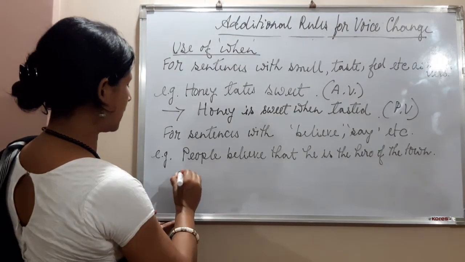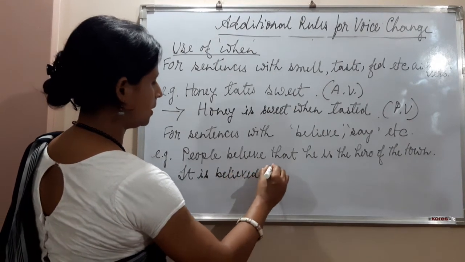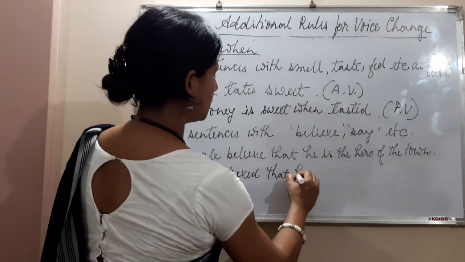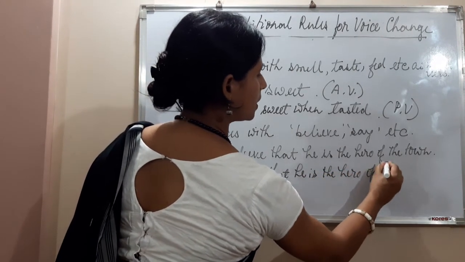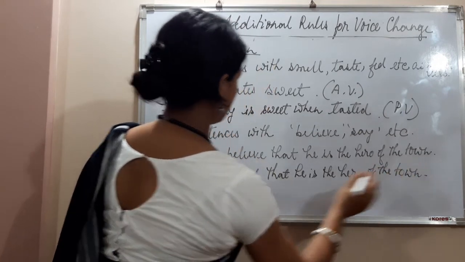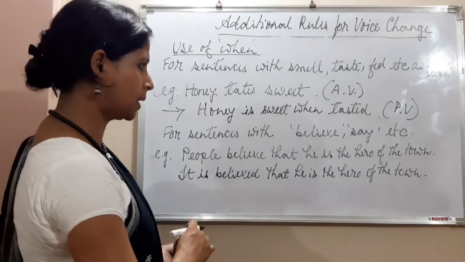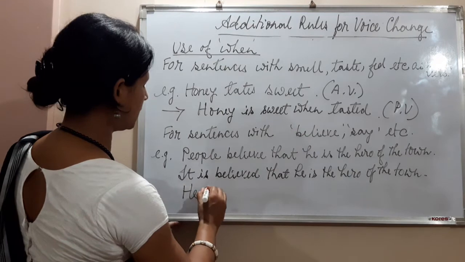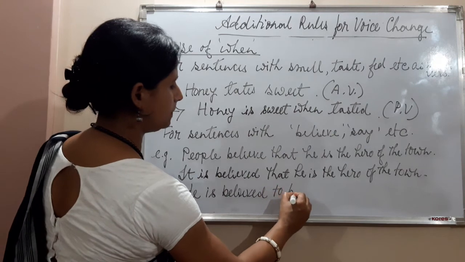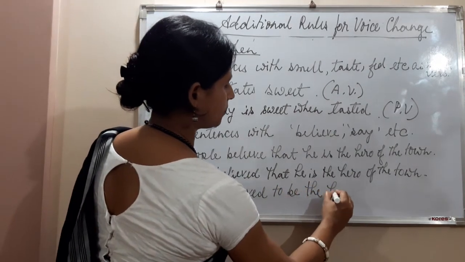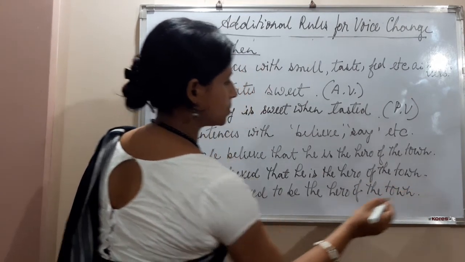And we can write like, it is believed that he is the hero of the town, or we can also write like, he is believed to be the hero of the town. So both the ways are correct.